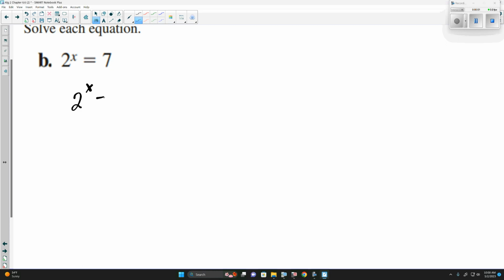So if 2 to the x is equal to 7, we're going to apply a log to both sides to get this to simplify down. Especially when we only have a variable in one of the exponents, I'm going to use a specific logarithm. I'm not going to just apply any log to both sides, but I'm going to apply log base 2 to both sides.